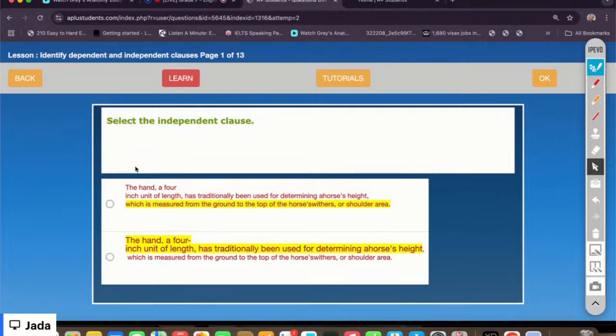Now we have both of these, so we are looking for the independent clause. So what will be the independent clause now?